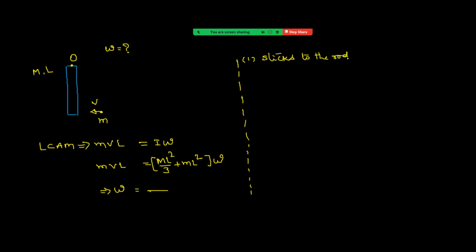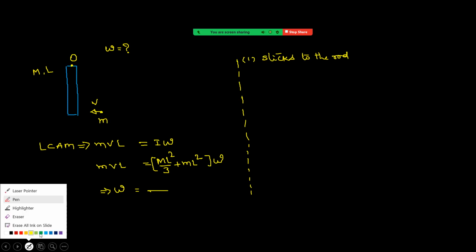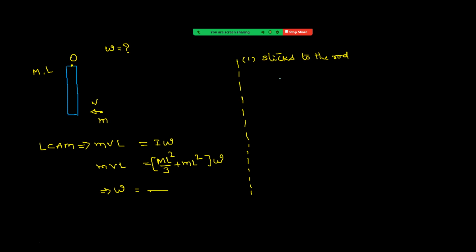So here we are taking the condition that the rod is not fixed, and one possibility: the particle sticks to the rod after collision. When it sticks to the rod, then the system rotates about the common center of mass.